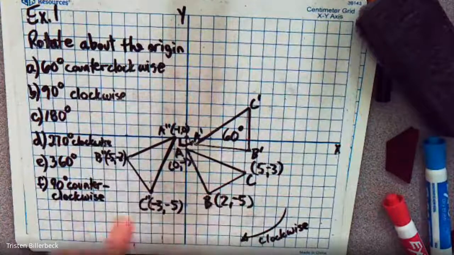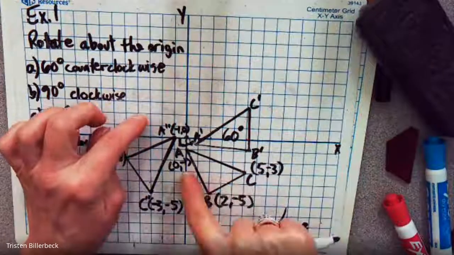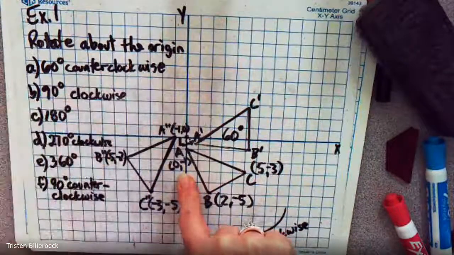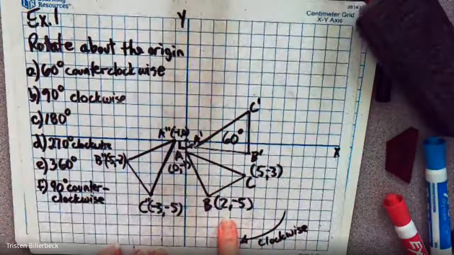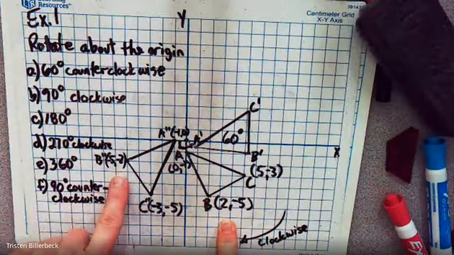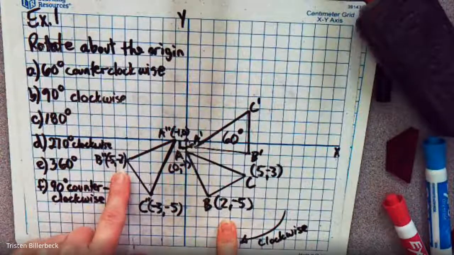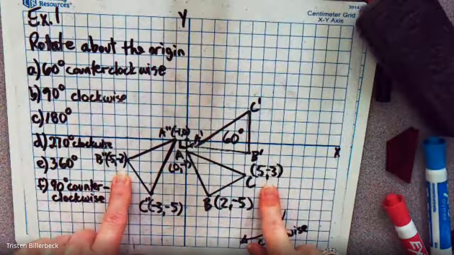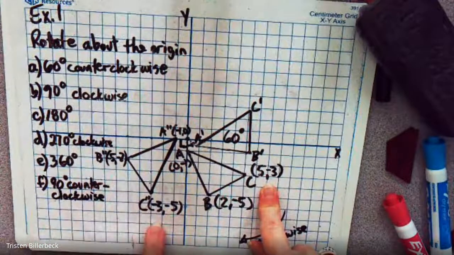Okay, so let's look at these. The original one was 0, -1, and this was just -1, 0. That's interesting. B was 2, -5, and this was the swapped ones, but now this y is negative, so it's -5, 2. If I had 5, -3, based on that, I'd expect -3, -5, and that's what I got.